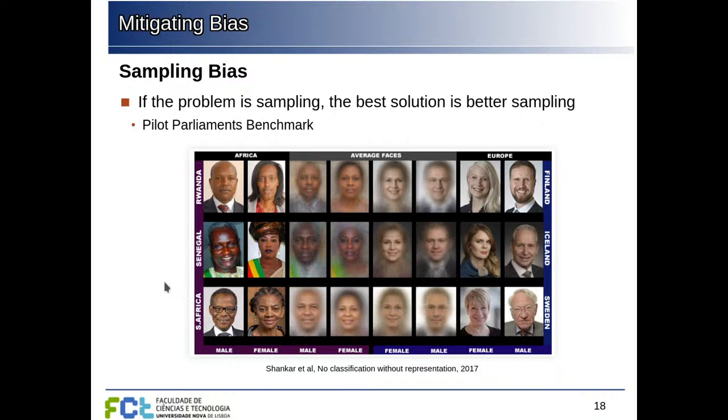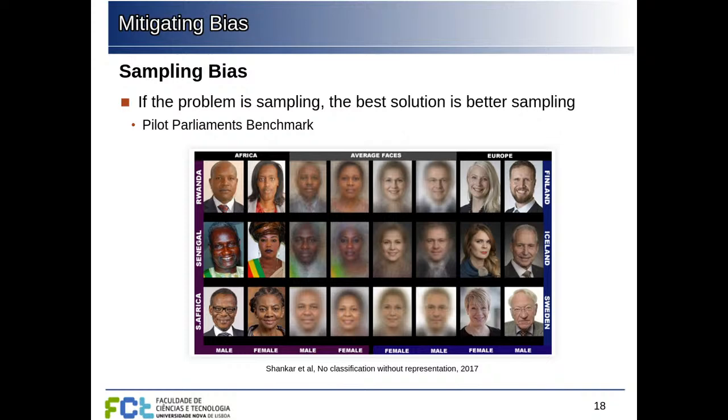So if we gather people from different parts of the world and cover the range of different looks, skin types, gender and so forth, then we can have a proper sample of the universe of people, and hopefully algorithms trained with this kind of data will work better and not have those kinds of biases that make them perform poorly on some particular groups.